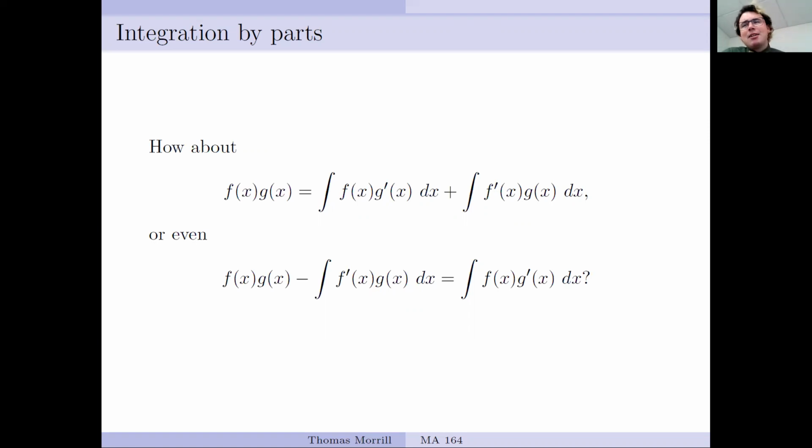Now, this might not be the version that we work with day to day. This is kind of a lot to write down. A lot of x's running around. So usually when we're checking in the backs of formula sheets and things like that, we have an abbreviated way to write this.